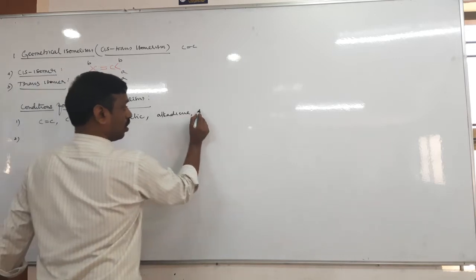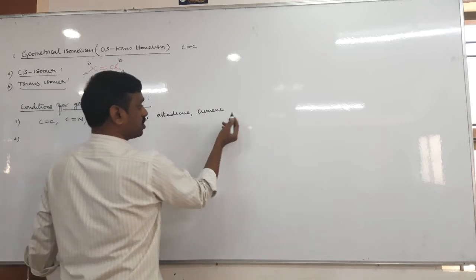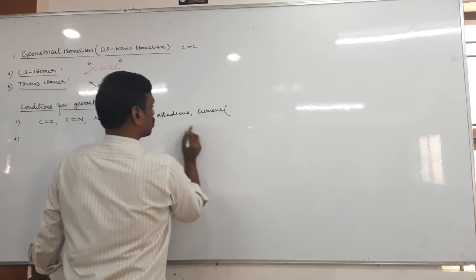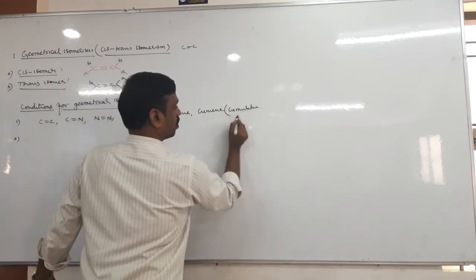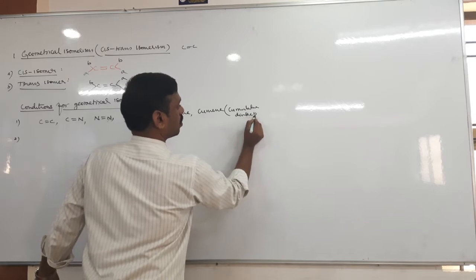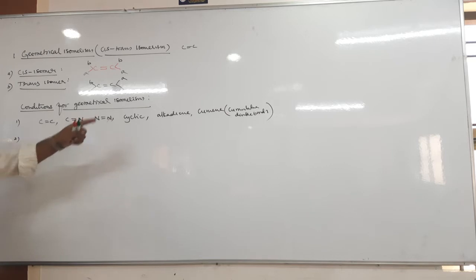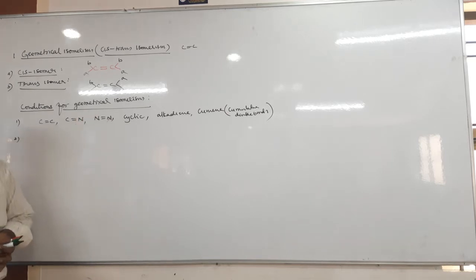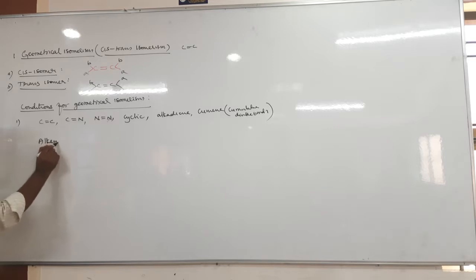Or cumulenes, meaning cumulative double bonds. In these molecules there is geometrical isomerism. One, carbon-carbon double bond, which is present in alkenes, so alkenes can exhibit geometrical isomerism.